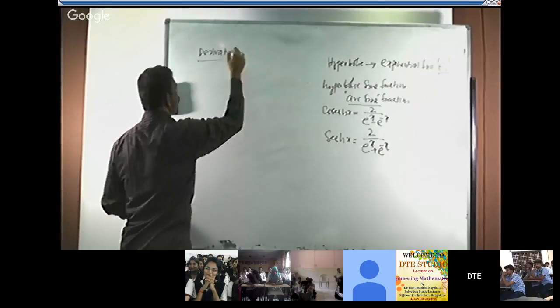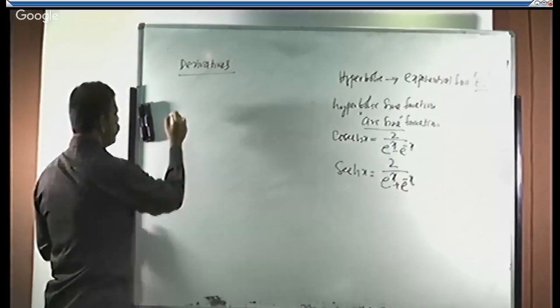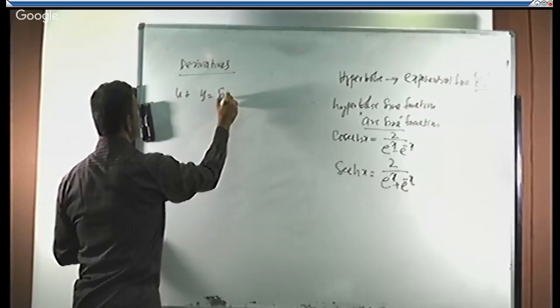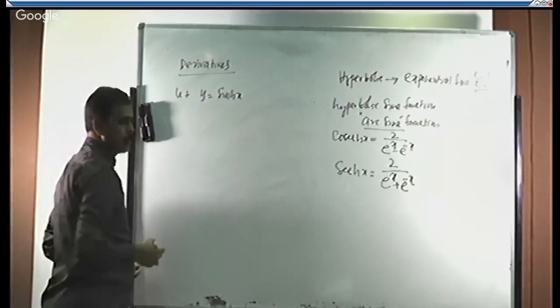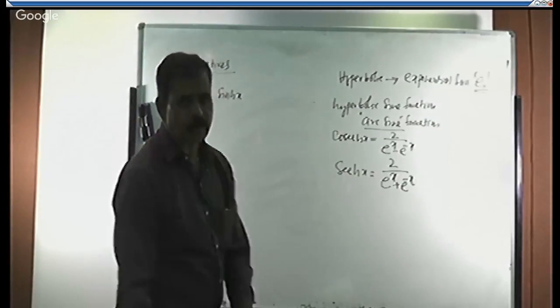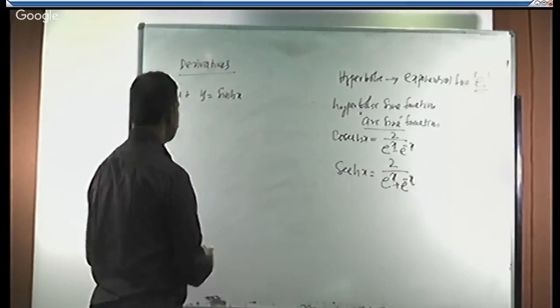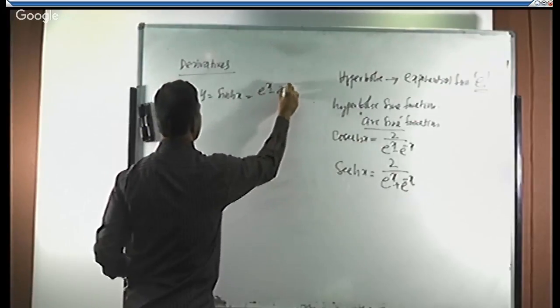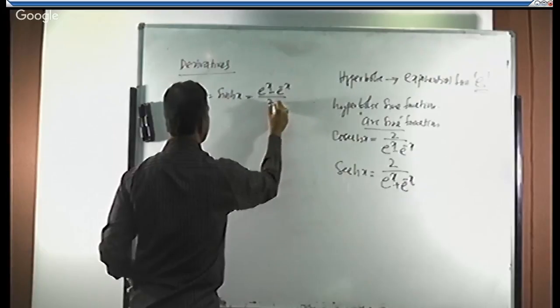Derivatives of hyperbolic functions. Let y is equal to sinh x. What is sinh x? Sinh x is nothing but e to the power of x minus e to the power of minus x divided by 2, correct?